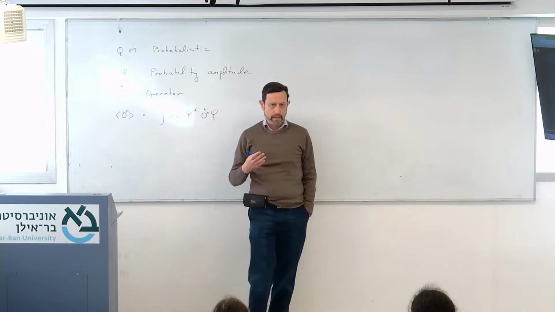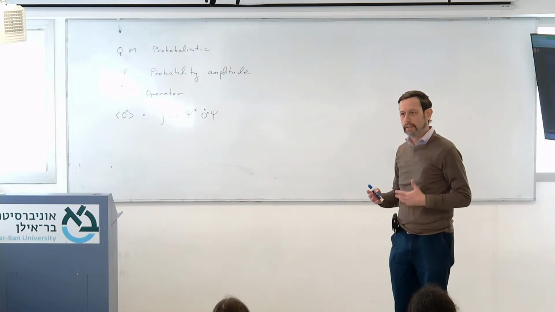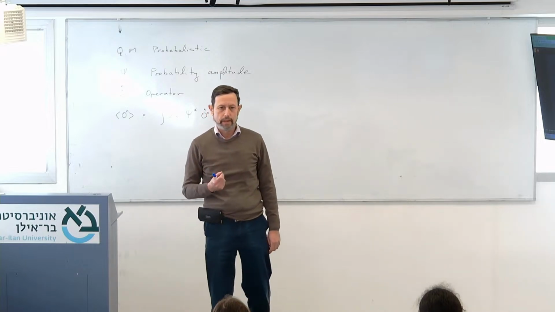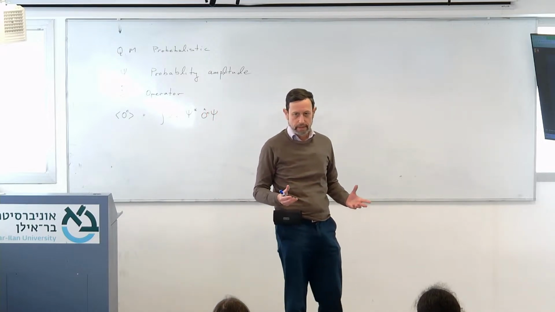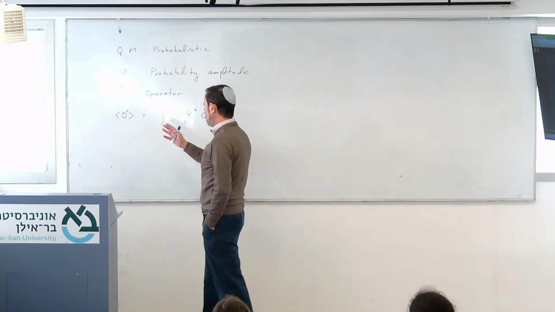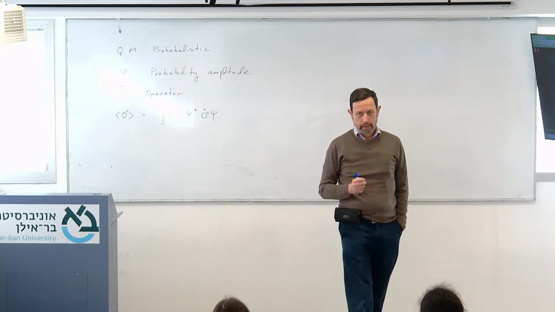We started in the last lecture seeing that all kinds of relations that we are familiar with from classical physics are also fulfilled for the average of these quantities in quantum mechanics.